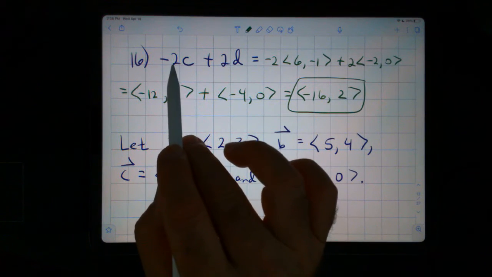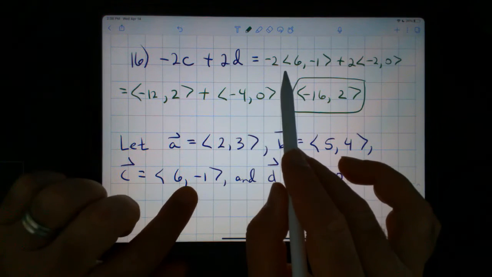This negative 2 is a scalar. It's going to be multiplied into the C vector.